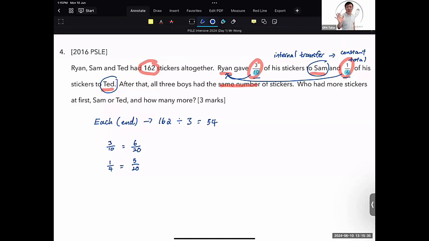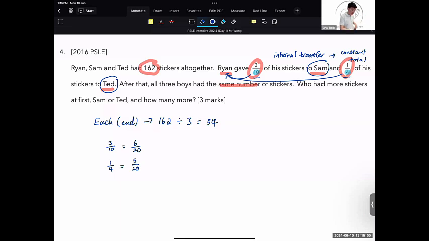Why? So Ryan gave fewer stickers to Ted for Ted to become the same. So actually that will tell you that at the beginning, Ted would have more stickers. Okay, so that can actually be derived.